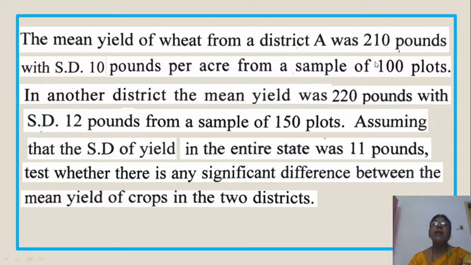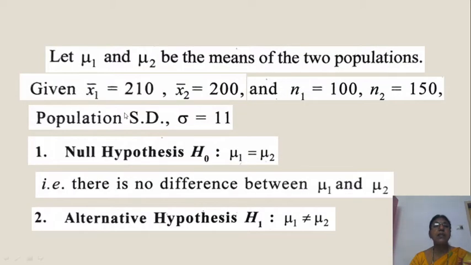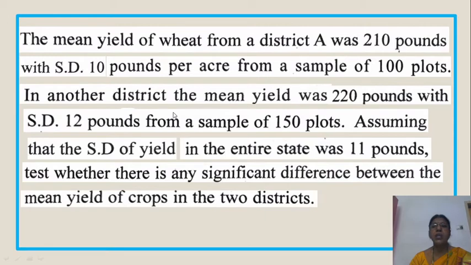So n1, x1 bar and sigma 1 are there. In the second district, the mean x2 bar is 220, SD sigma 2 is 12 and sample size n2 is 150. We are given these values: x1 bar, x2 bar, n1, n2 and sigma 1, sigma 2 also.